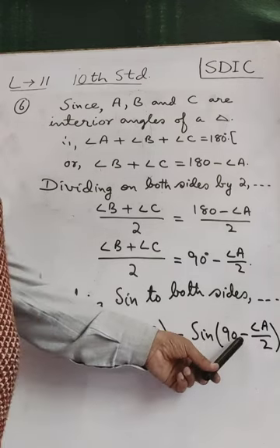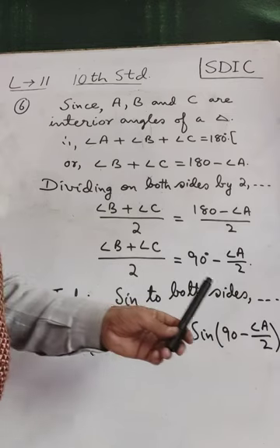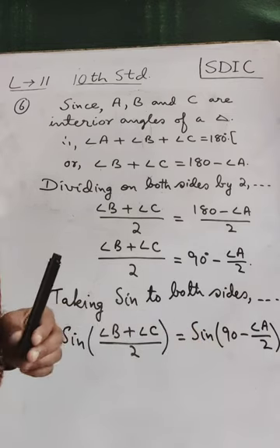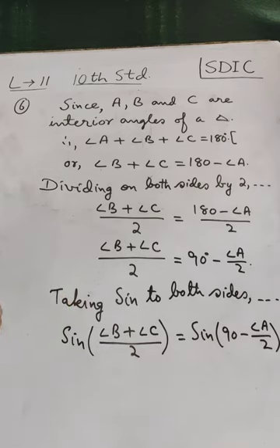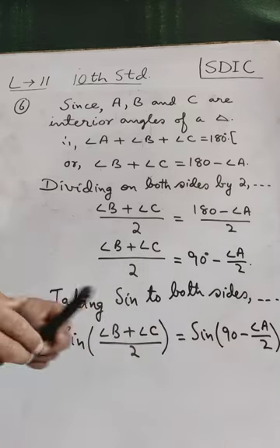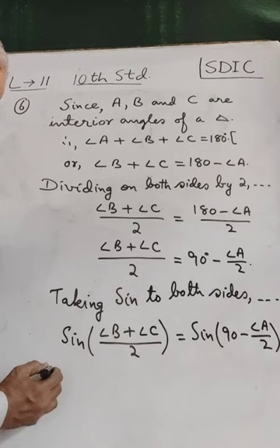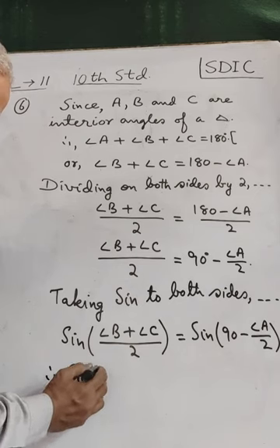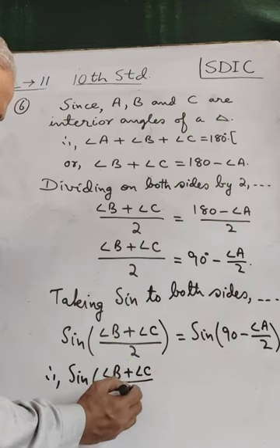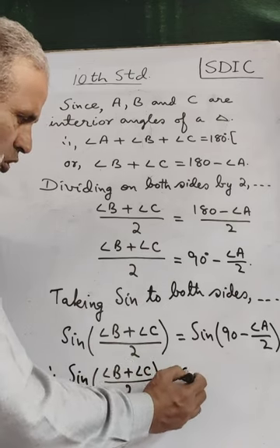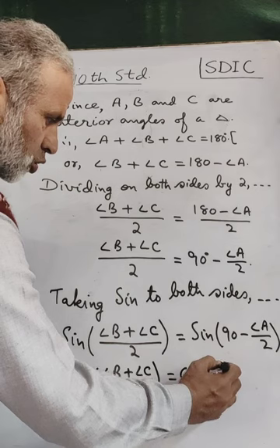It is sine 90 minus theta again. Instead of theta, this time we have angle A by 2. So use the relation sine 90 minus theta is cos theta, and theta is angle A by 2. It will therefore become sine angle B plus angle C divided by 2 is equal to cos of angle A by 2.